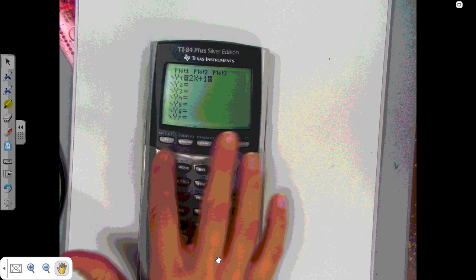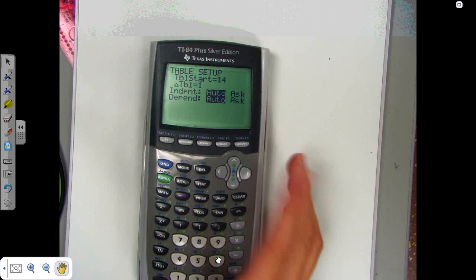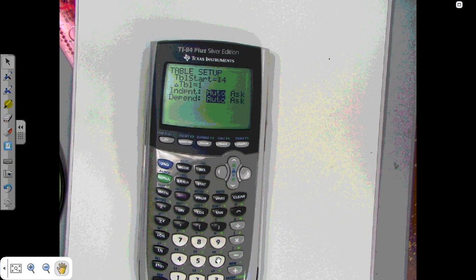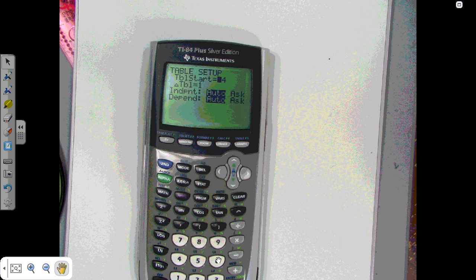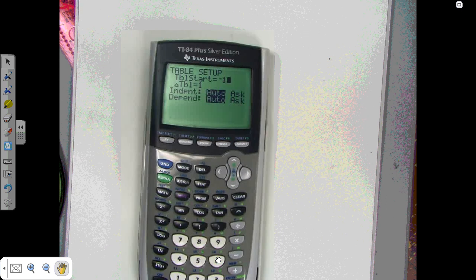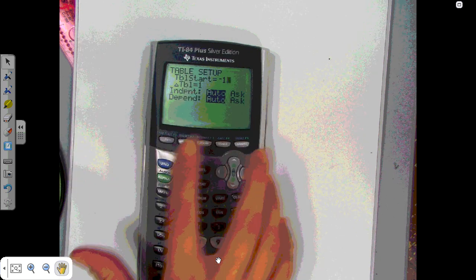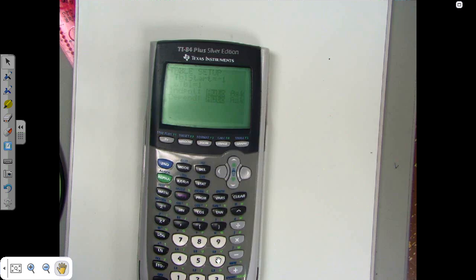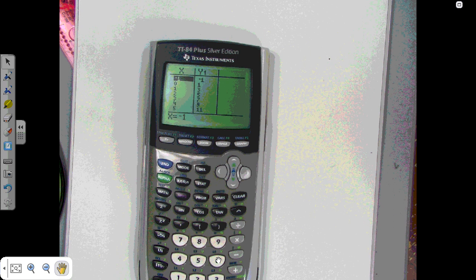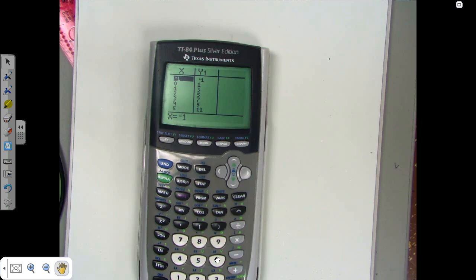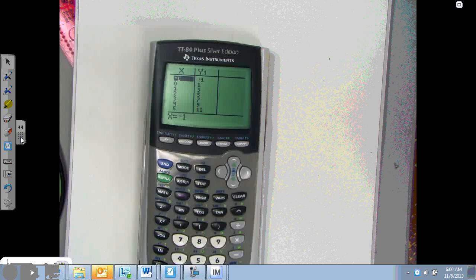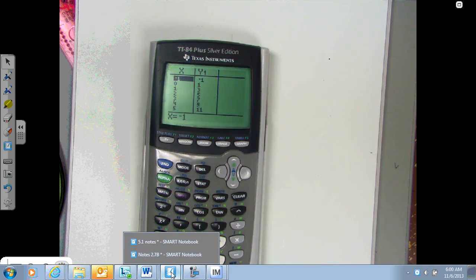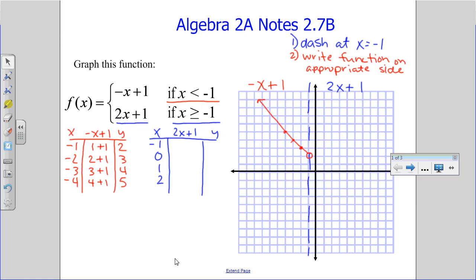We're going to check our table set and see what it's on. It's on auto, but it's starting at 14. We've already picked the x values we want, so we're going to have it start at -1. It's going to go up by 1. So that's our delta table. And then we're going to do second table. And so now we have our values of -1, 1, 3, and 5. So that's the other way we can do that, either with mental math or with our table of values.